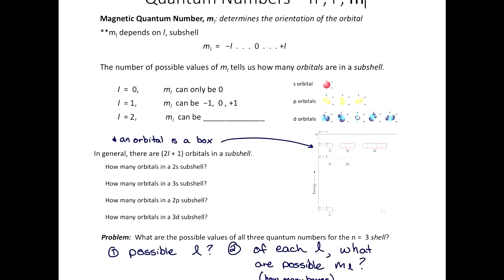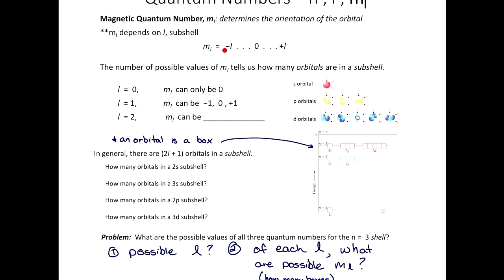The rules for magnetic quantum numbers depend on what subshell we're in, what shape we're working with. Are we working with an s orbital, a p orbital, or a d orbital? The possible ML quantum numbers depend on what L quantum number you have.